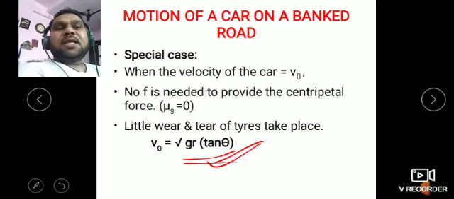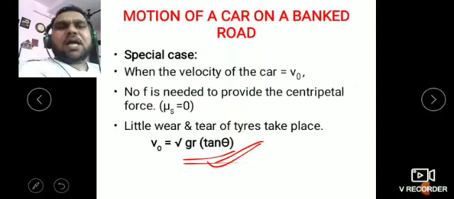That means in case the speed becomes greater than under root g r tan theta, we need friction force to provide the necessary centripetal force. But in case the speed of the car is less than or equal to under root g r tan theta, we don't require F to provide the centripetal force.